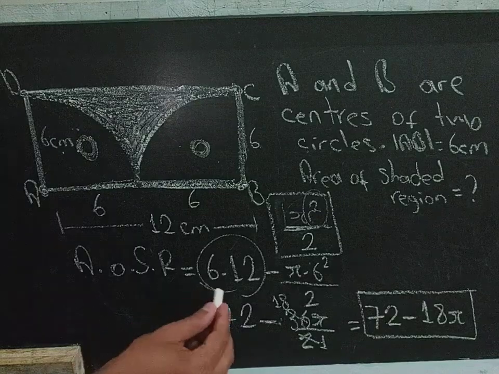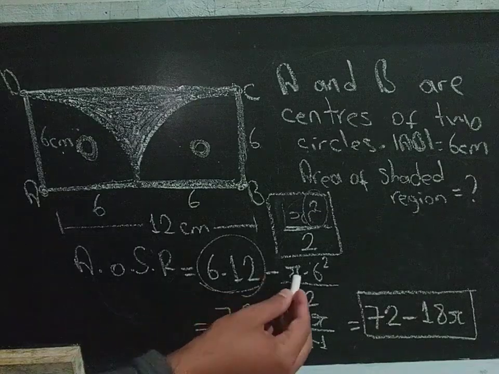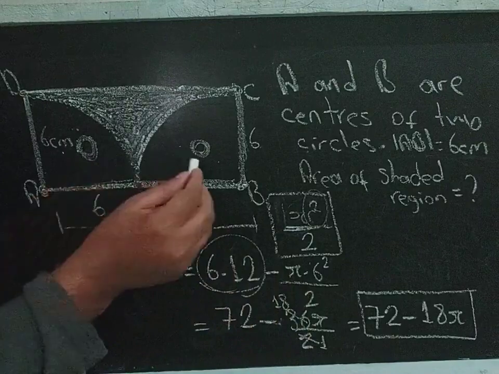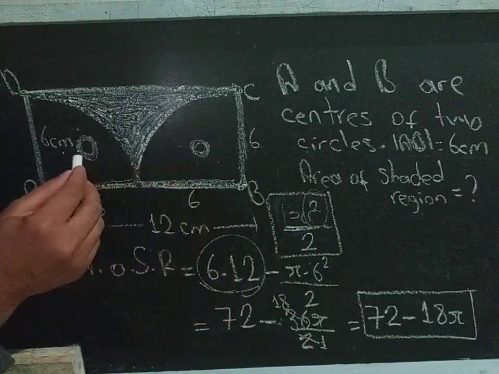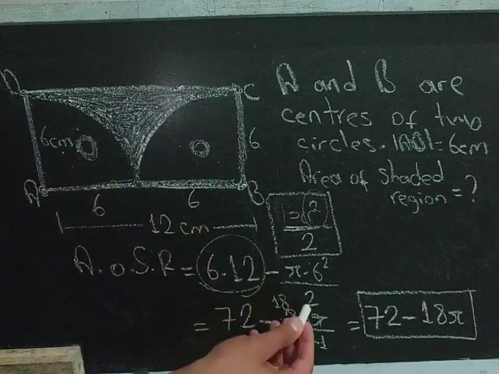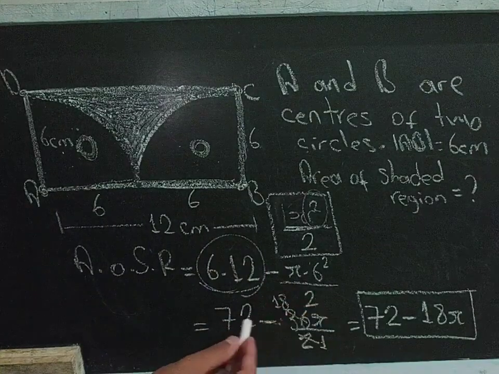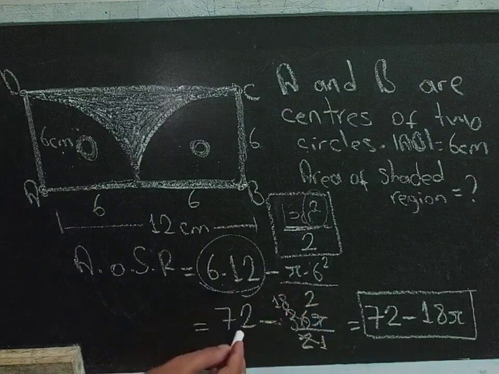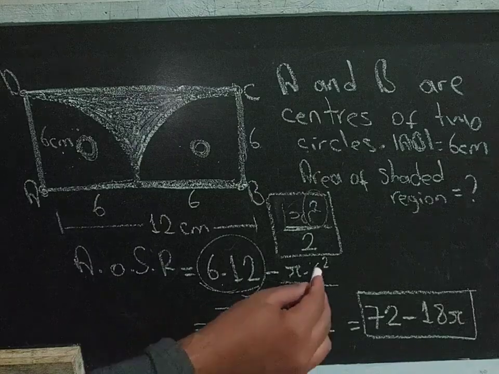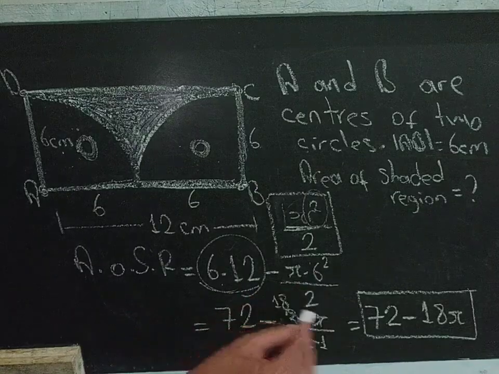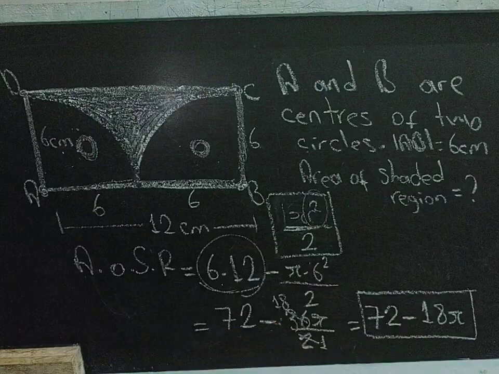See, area of rectangle minus area of these two quarter circles, which is going to be semicircle, which is half, and then there is going to be 72 minus 36, simplify, 18 times pi.